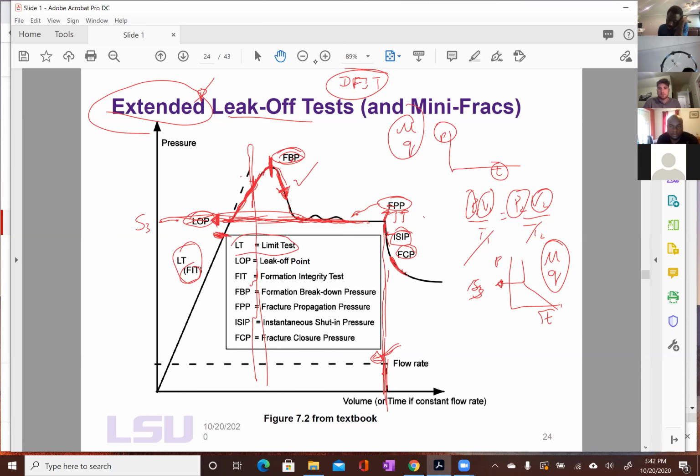So this is what we do to figure out S3 in normal faulting regime and in strike-slip faulting regime. That will precisely be SHmin. And we would have obtained SV from the bulk density of the rock mass and the fluids in it, as you did in homework 1.